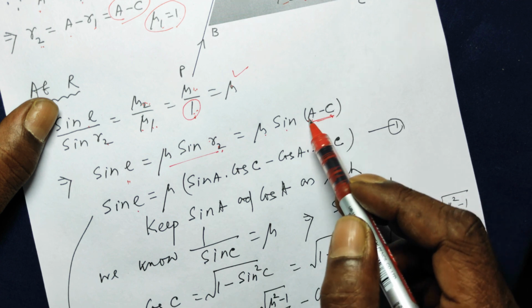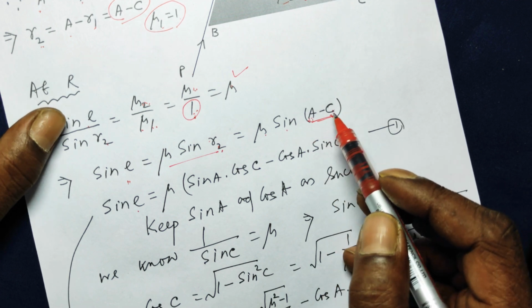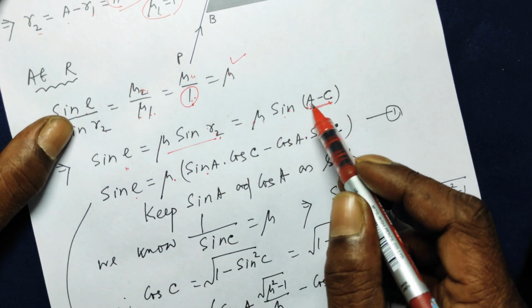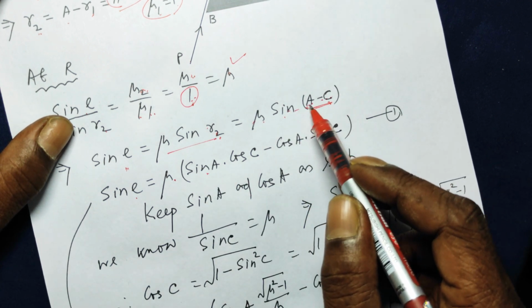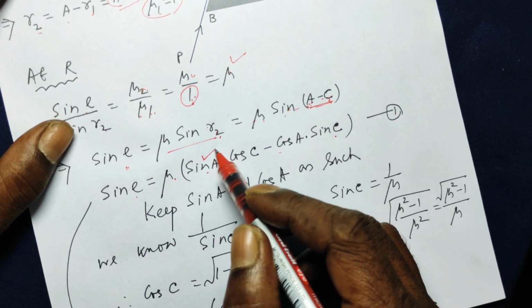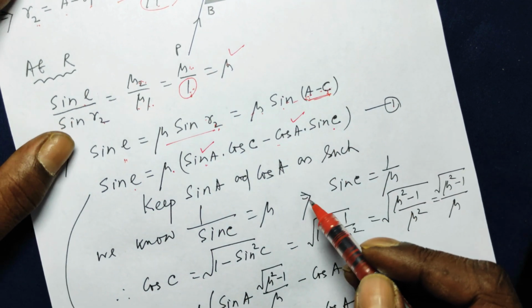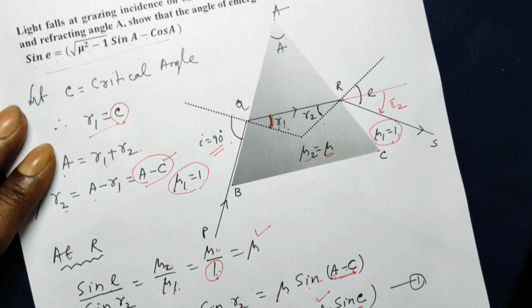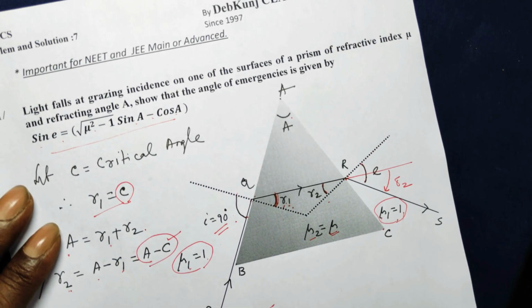Sine of A minus B, formula in trigonometric identity. So it becomes sine E equals mu times sine A cos C minus cos A sine C, equation 1. Keep this sine A and cos A intact. Don't change them. We'll change cos C and sine C only.